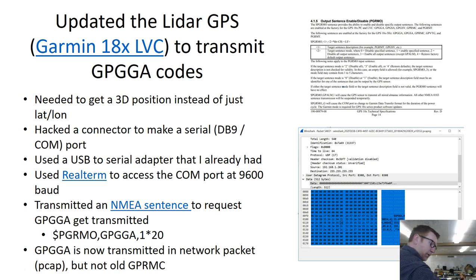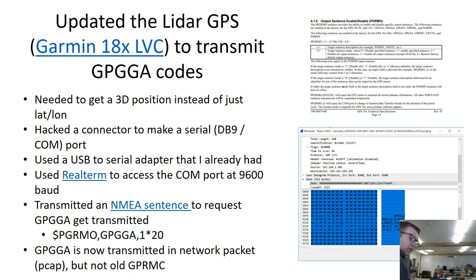This part at the beginning tells us what kind of statement we're sending. It says, I want you to enable this sentence, I want you to start transmitting. The next one is the sentence that I want you to transmit, the GPGGA string. 1 means enable, so I could turn it on or turn it off. So 1 says turn it on.